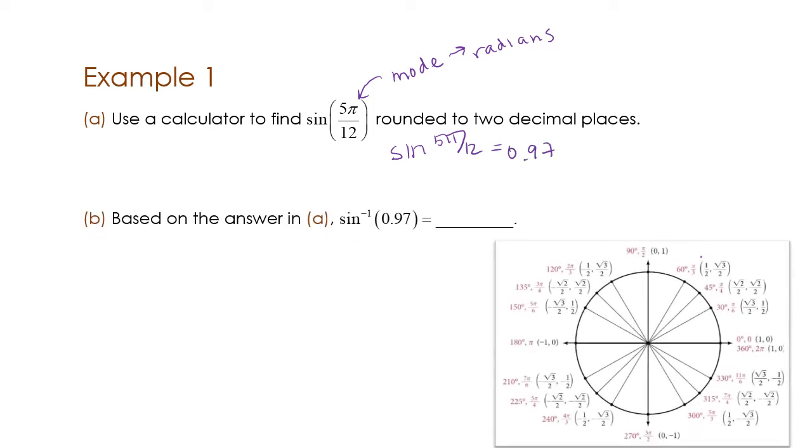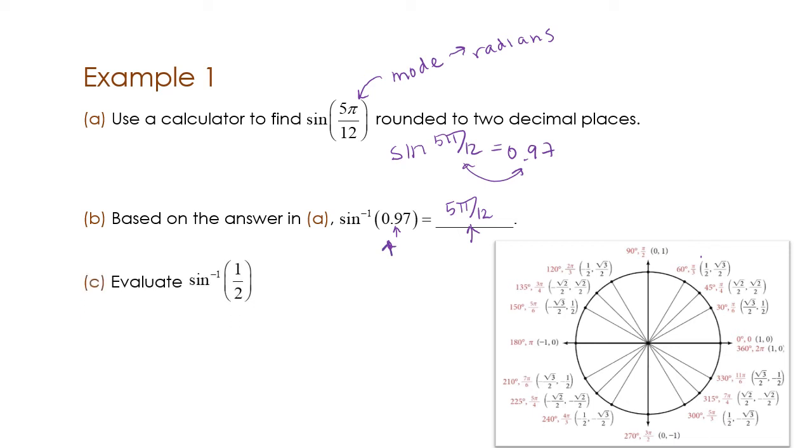So based on that answer, we could say the sine inverse of 0.97 is 5 pi over 12. Again, the sine inverse switches this. Here's your output, so what angle gives you this value?